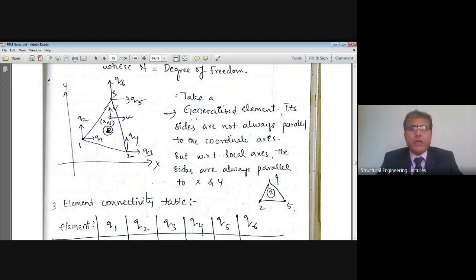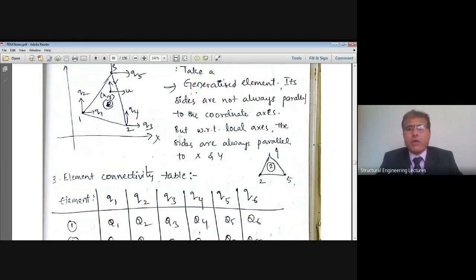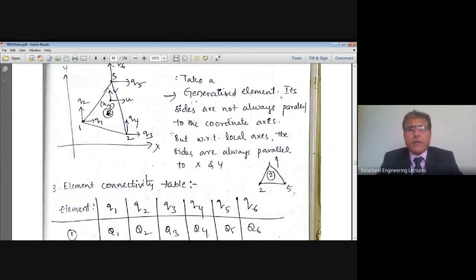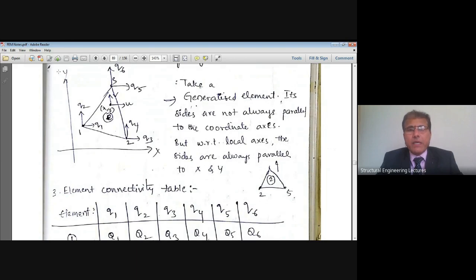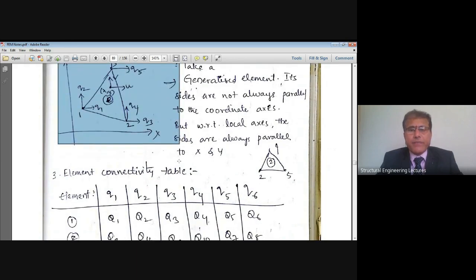Whereas the generalized point P will have a displacement of u and v, which has the Cartesian coordinates x and y respectively. This is how we are considering one element E. Now you can see that the node numbers are given in counterclockwise direction, right? This is the element in Cartesian coordinate system, students, right?